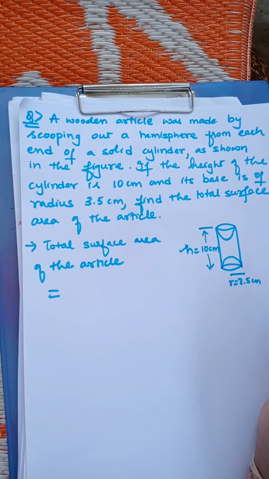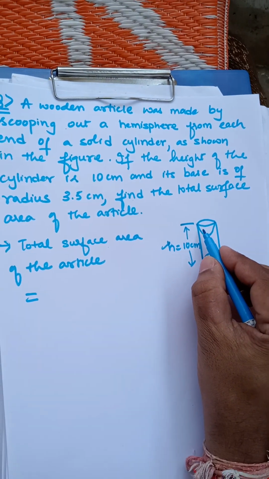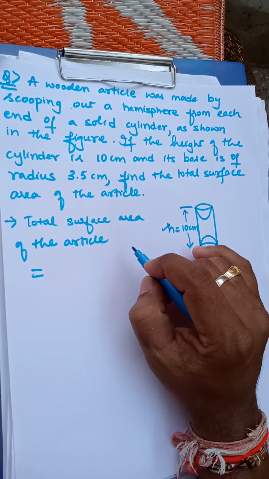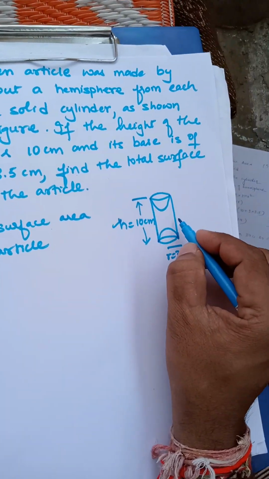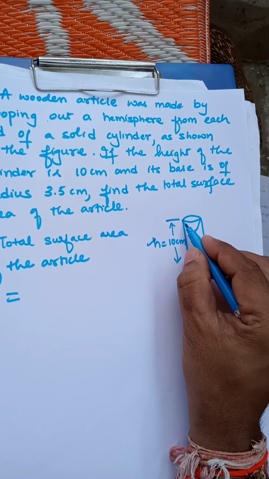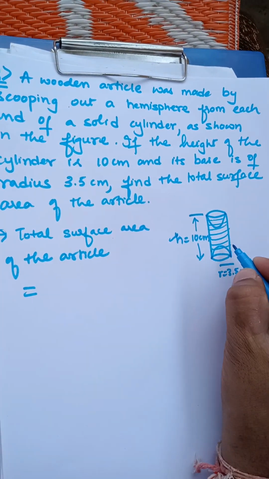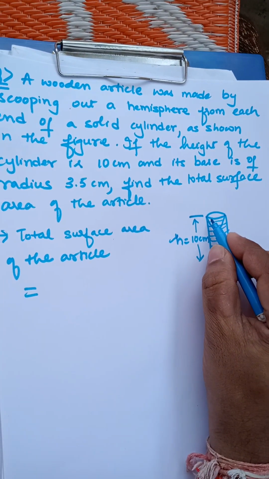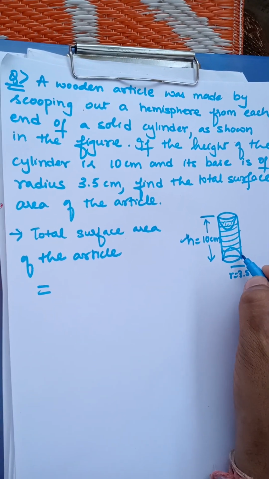Imagine that you are given this wooden article and you are asked to paint it. Which surfaces is it possible for you to paint is what you have to think. Definitely it is possible to paint the curved surface of this cylinder, and the curved surface area of the two hemispheres.